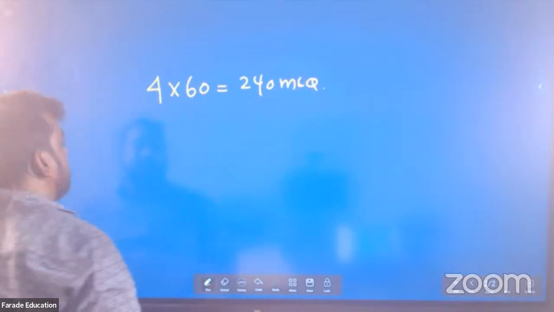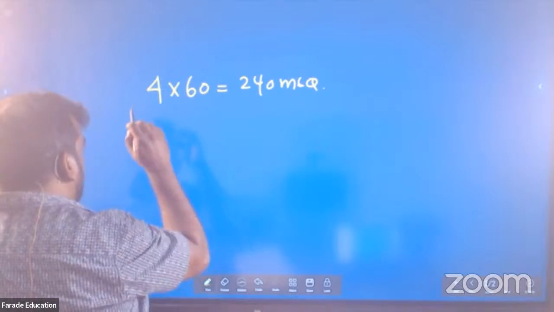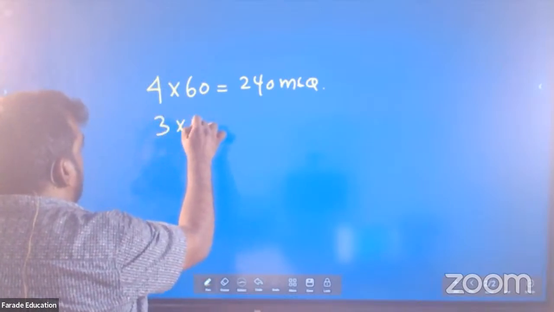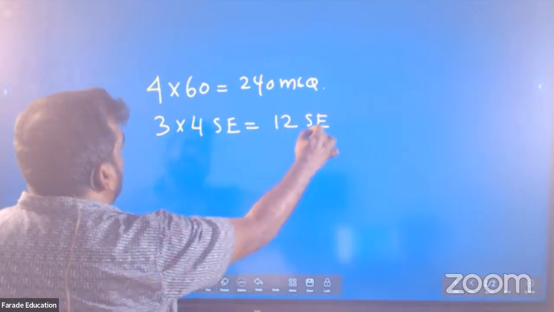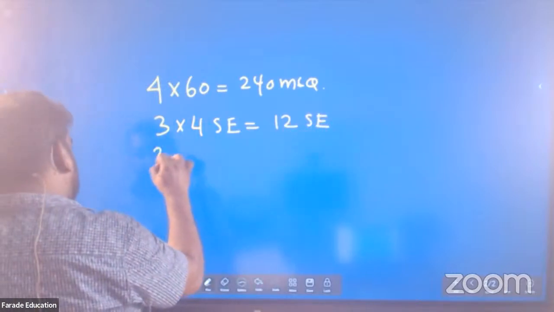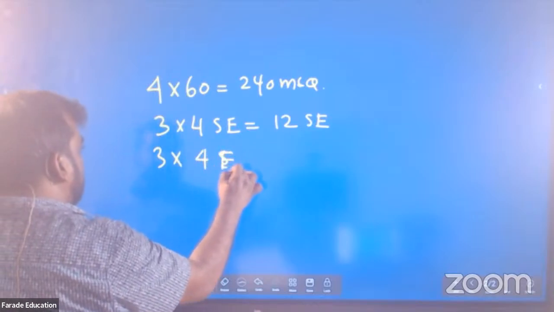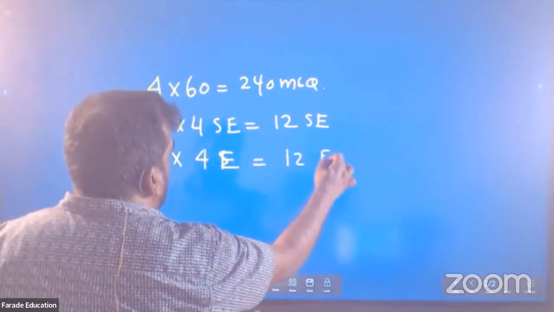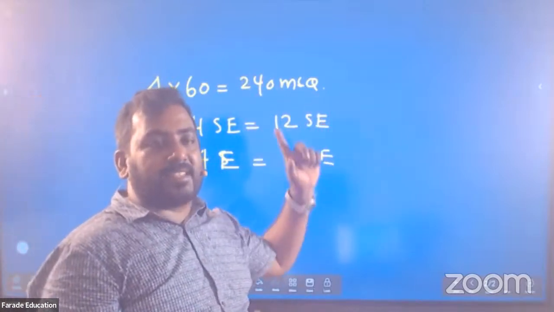Look at this carefully. How many structured essays? For a week 3, 3 times 4, 12 structured essays done. 3 essays every week, 4 weeks, 12 essays done. How much of work? 240 MCQs, 12 structured essays, 12 essays.